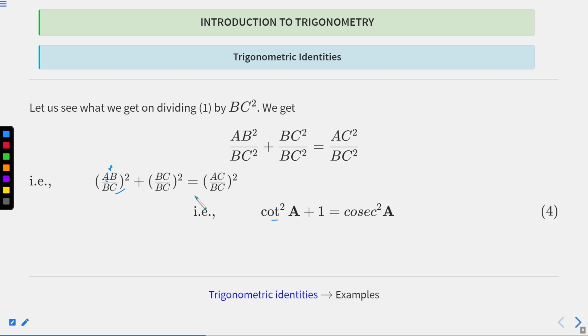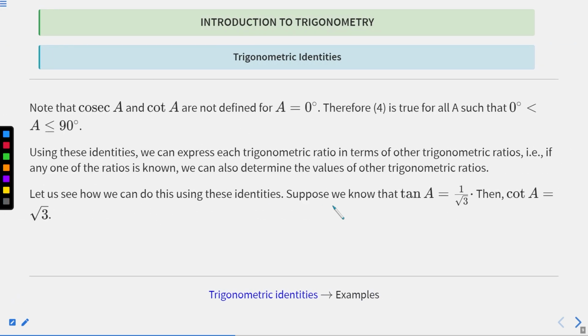So we get cot square A plus 1 is equal to cosec square A, naming this equation number 4. This equation is also a trigonometric identity, so note it down. Cosec A and cot A are not defined for A equal to 0 degree.